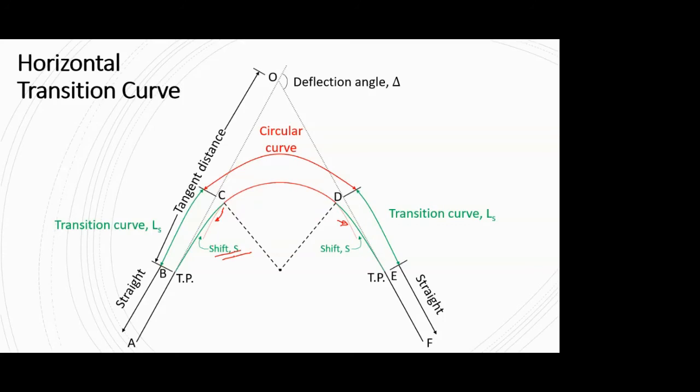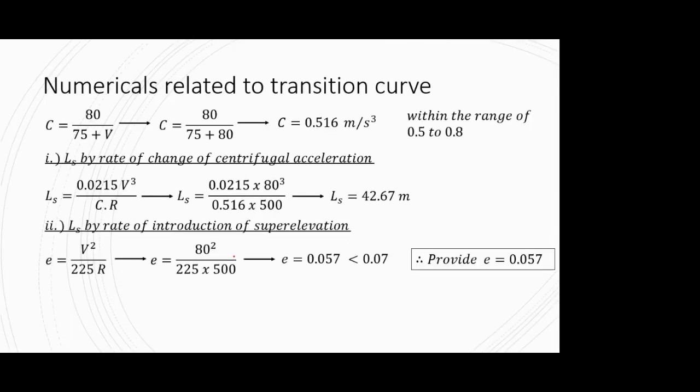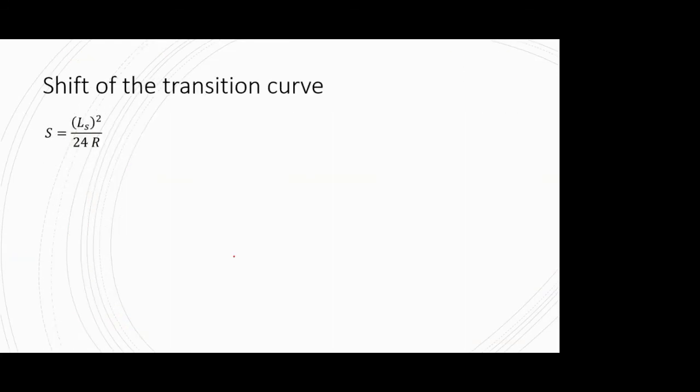The shift of transition curve is given by the formula I showed you just now: LS square upon 24R. It's straightforward. In some numericals they have asked this as well, that along with finding the length of transition curve, also find the shift of transition curve.